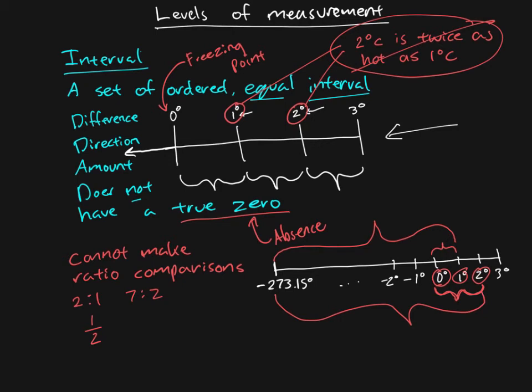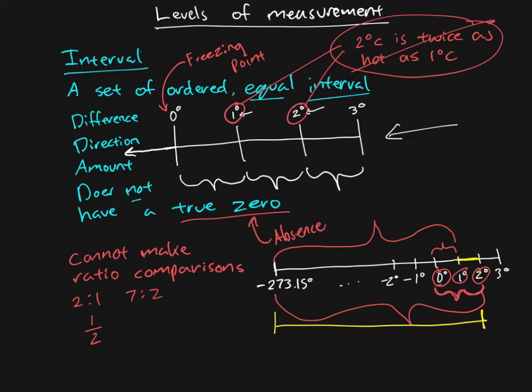So the actual difference, let me use a different color here so it's clearer, the actual difference in temperature is only 1 degree Celsius, but we're talking about spanning this entire distance here. So that is why you cannot make comparisons in terms of ratios with an interval scale.